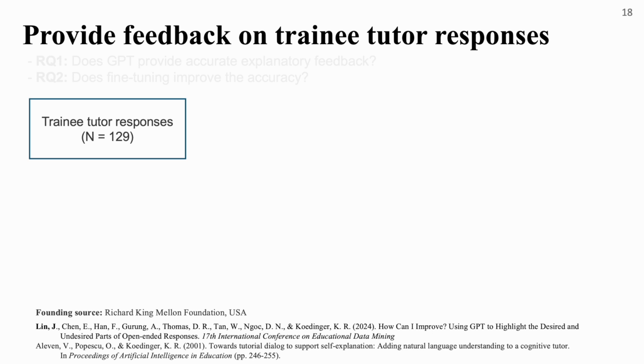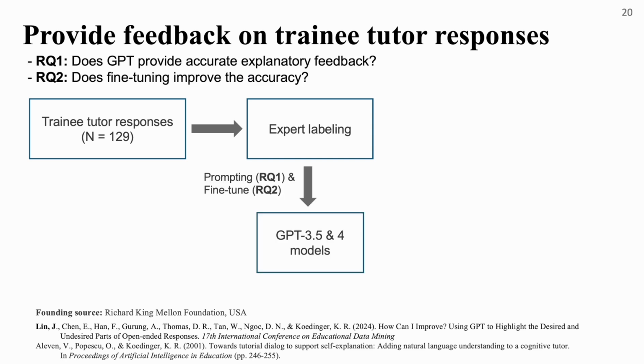To develop this feedback system, we first collected 129 training responses from our tutor training platform. Then we invited some experts to annotate and label the key components of the praise from the tutor responses.